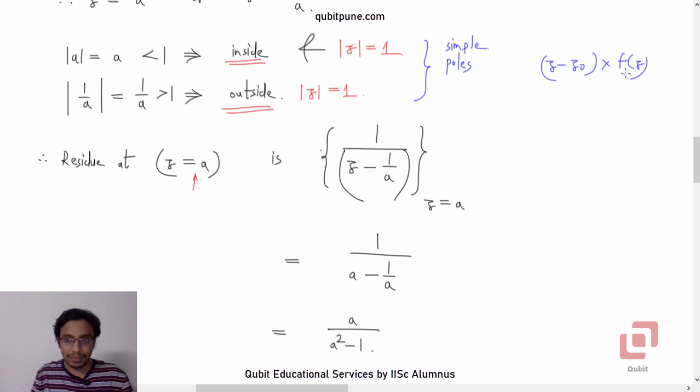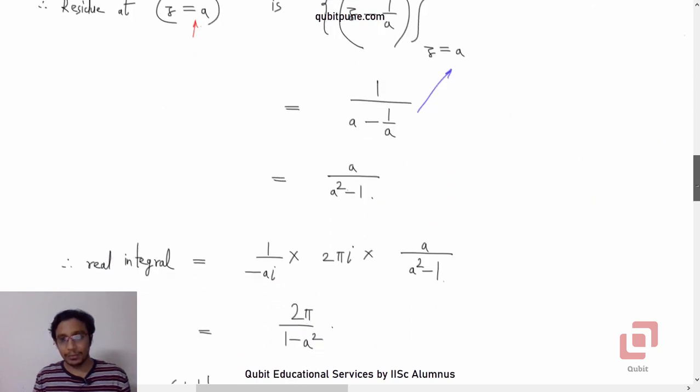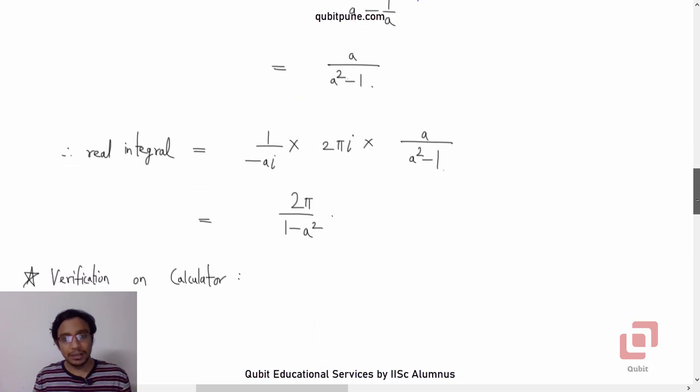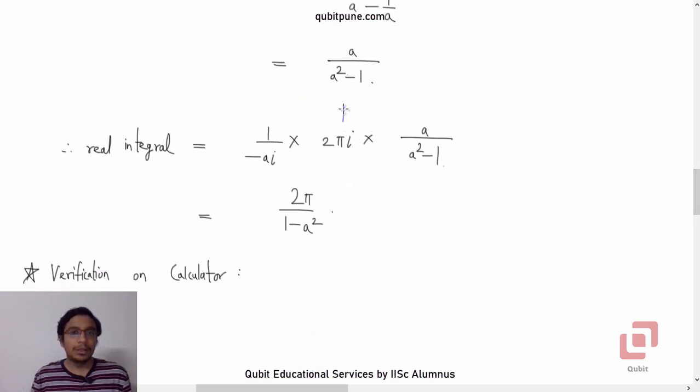Because f of z itself is 1 upon z minus 1 upon a into z minus a, it will just be z minus 1 upon a. The other factor will get cancelled. So it will be a minus 1 upon a, substitute z equal to a there. So a squared minus 1 in the denominator, a in the numerator. So the real integral will be 2 pi i times the sum of the residues, but there is only one residue, a upon a squared minus 1.